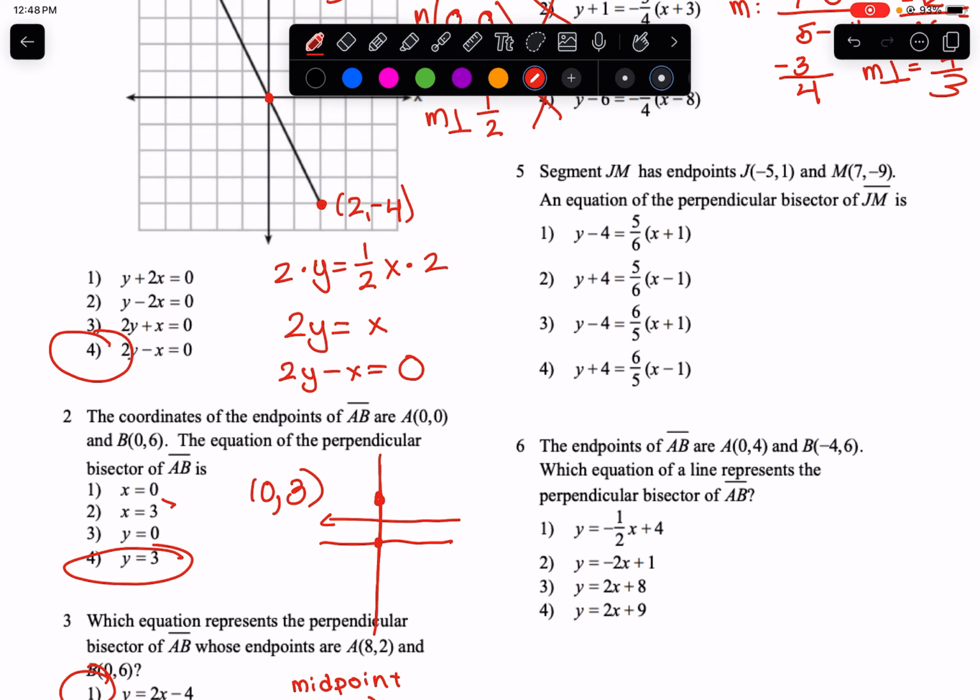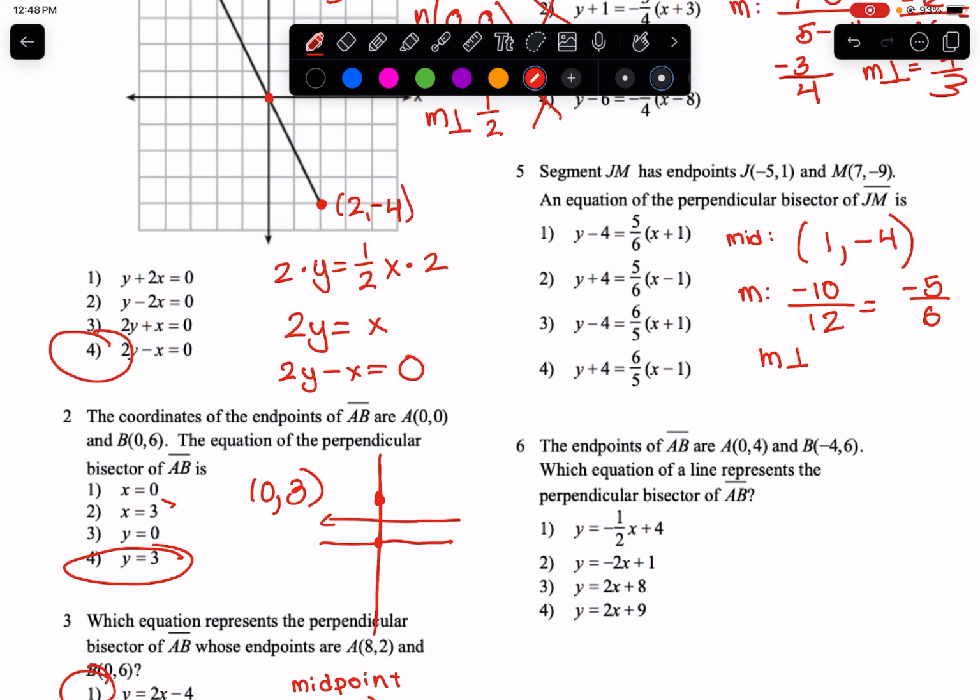So let's start with midpoint. So -5 plus 7 is 2, divided by 2 is 1. 1 plus -9 is -8, divided by 2 is -4. The slope, -9 minus 1 is -10. 7 minus -5 is +12, which simplifies to -5/6.